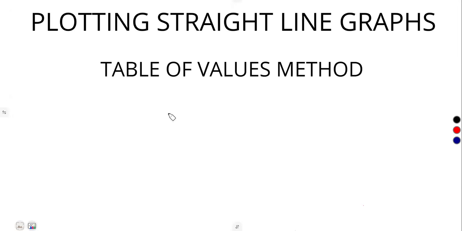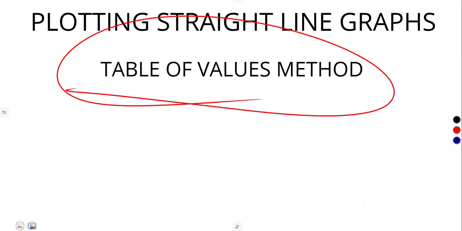Remember, we referred before to the Cartesian plane, working with points on a Cartesian plane. Those points are the ones that you are going to use to plot a straight line. By joining them, you produce a straight line. So we are given a method to follow, the table of values method.